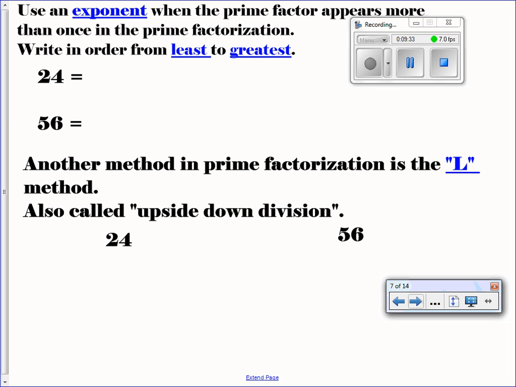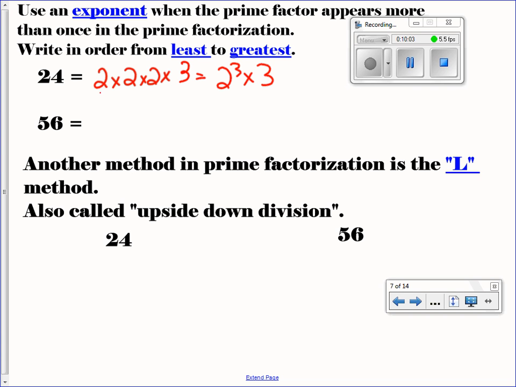So you're going to use an exponent when the prime factor appears more than once in the prime factorization. You need to write these in order from least to greatest. So in 24, in your previous notes, 24 was 2 times 2 times 2 times 3. Your final answer will be 2 to the third times 3.